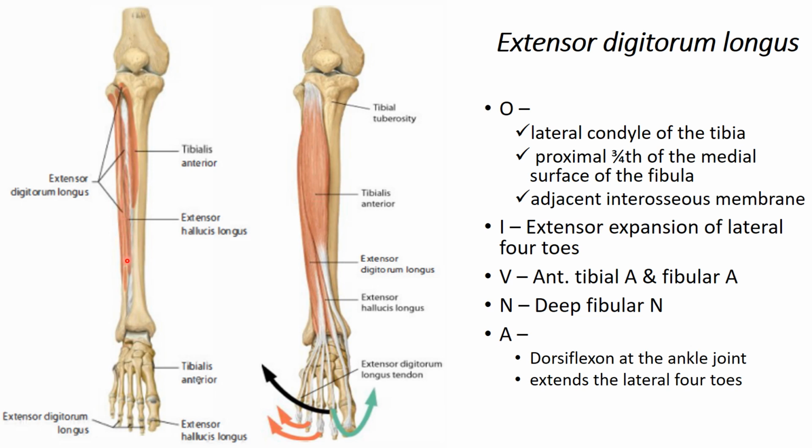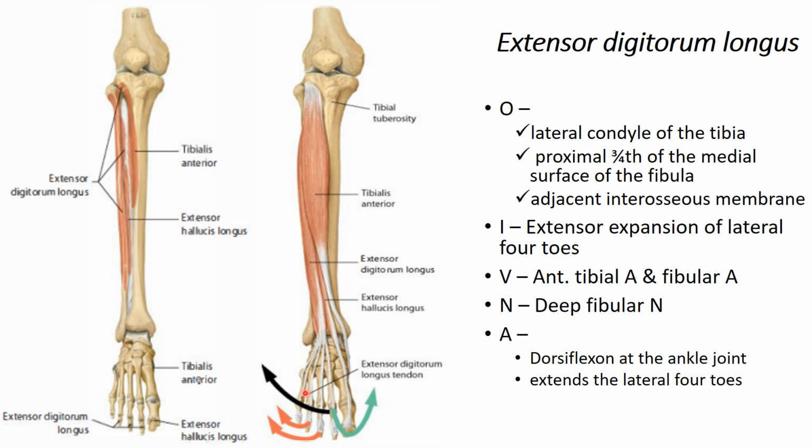And from here this muscle divides into four lateral slips, and they are inserted as the extensor expansion of these lateral four toes. We will discuss this extensor expansion later on.